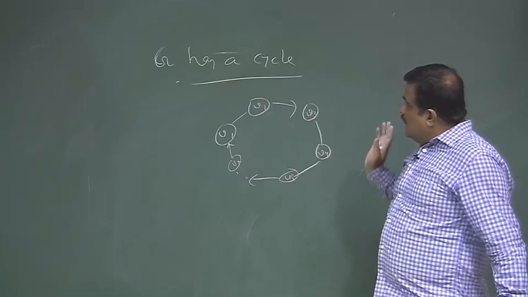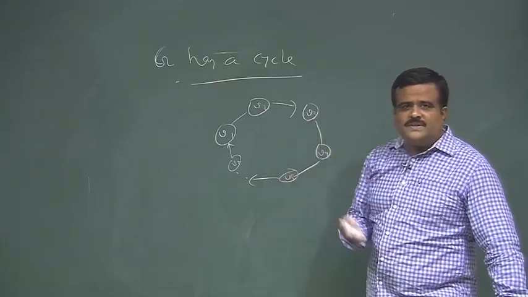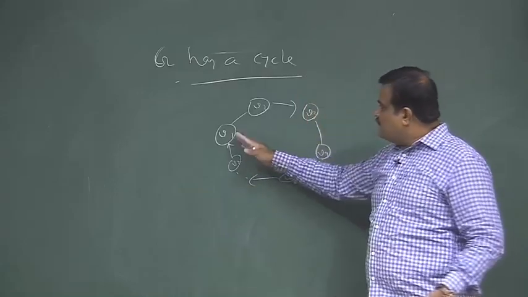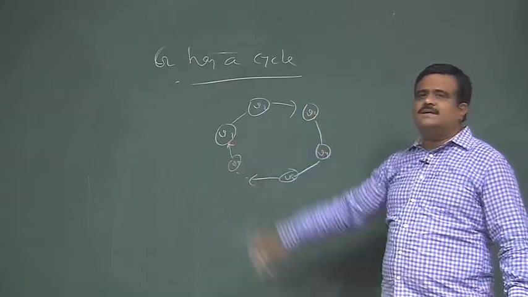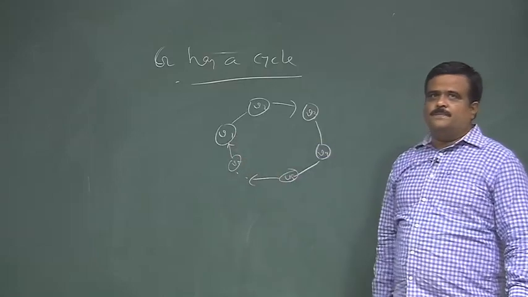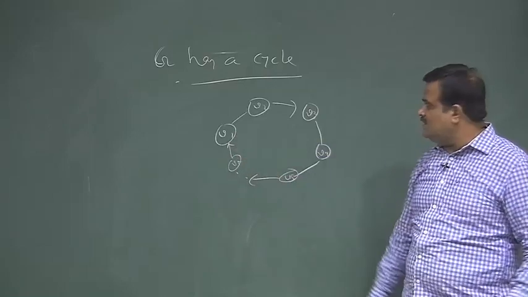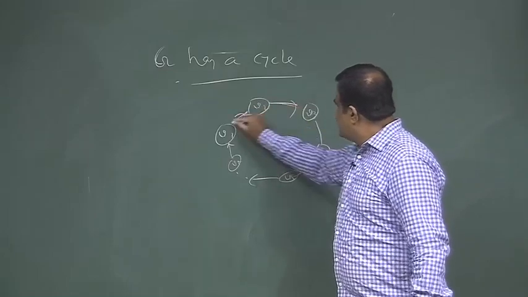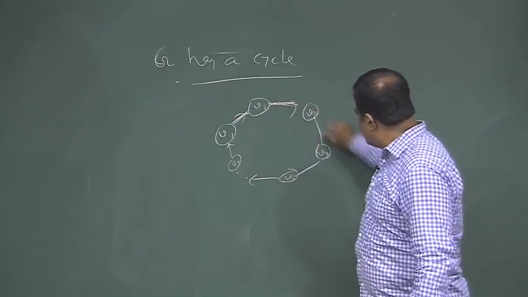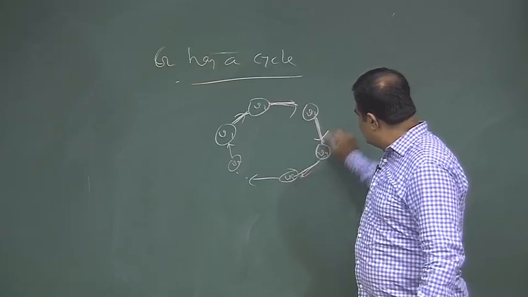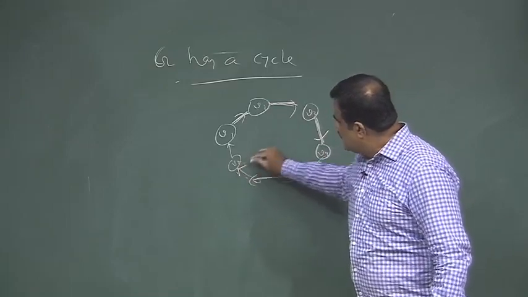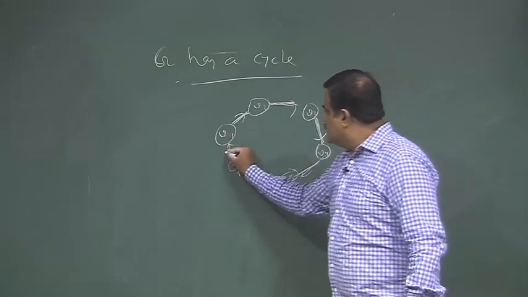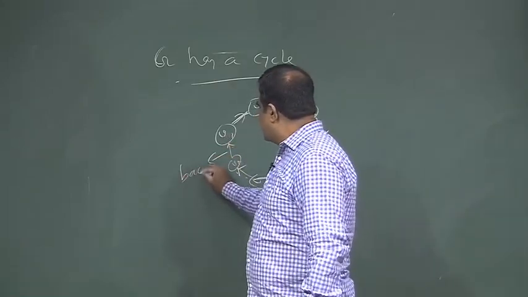Now, we do not know in our algorithm which vertex we select to start. For simplicity, say we select the vertex V1. Then it will keep on going. These are all tree edges, but this one will be a back edge, because it cannot be a tree edge as this vertex is already done. So, in that case this will be the back edge.